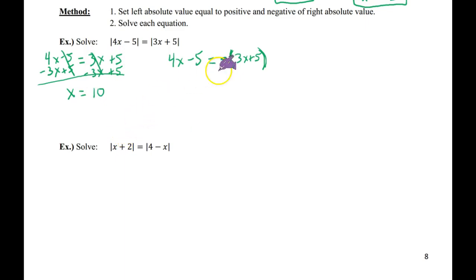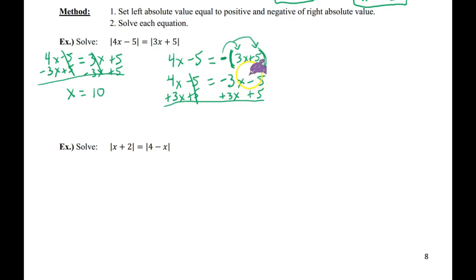So there's one solution. Or over here, I'm going to distribute that negative, like a negative 1, through my right-hand side. So negative times 3x would be negative 3x. Negative times 5 would be negative 5. And again, solve. So I'm going to add 3x to both sides, and then add 5 to both sides, making sure I have 0 for the constants.